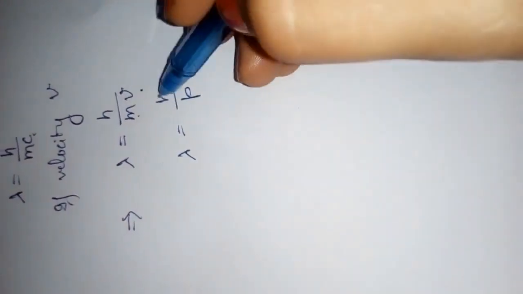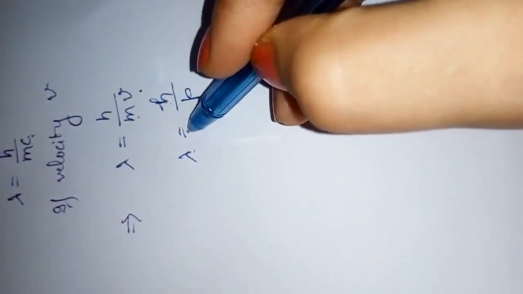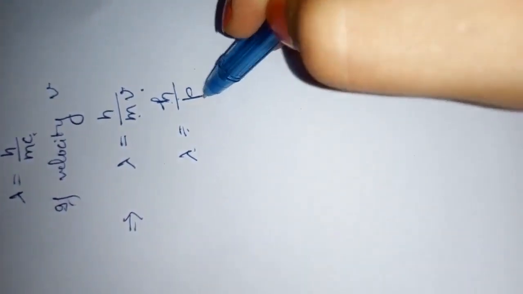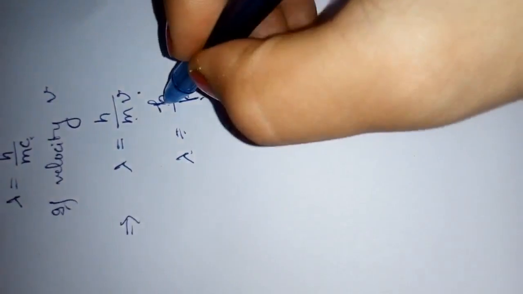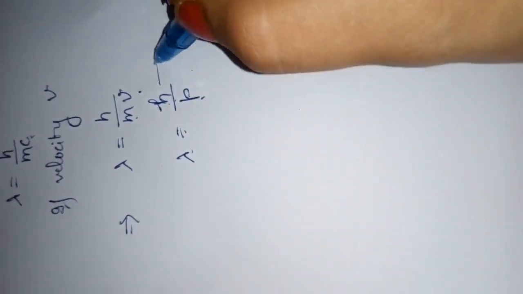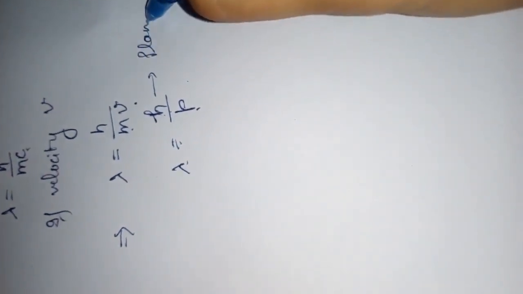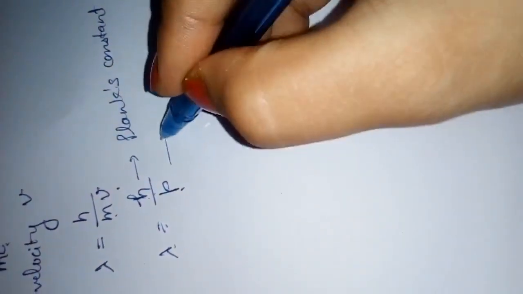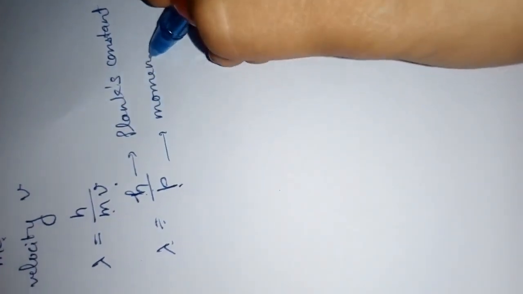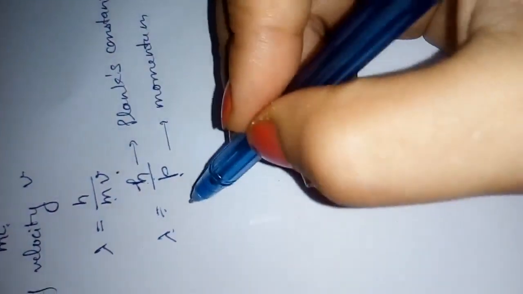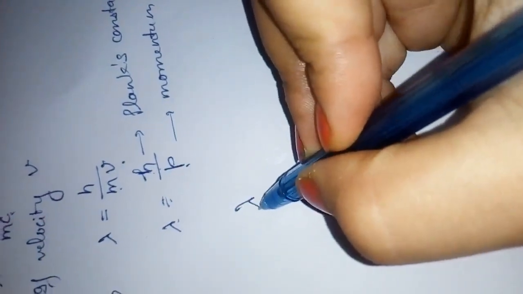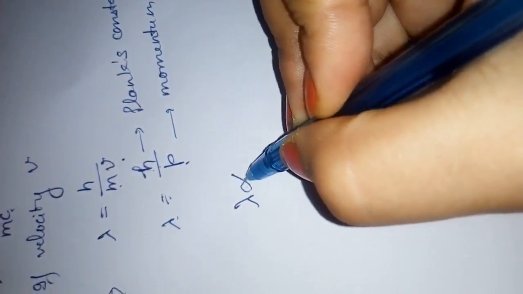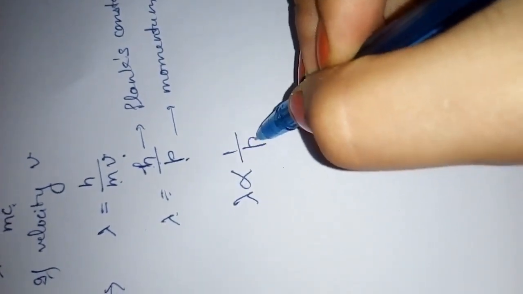So from here you can see that lambda is equals to h over p. Here h is constant, that is Planck's constant, and p is momentum. So you can say that lambda is inversely proportional to momentum.